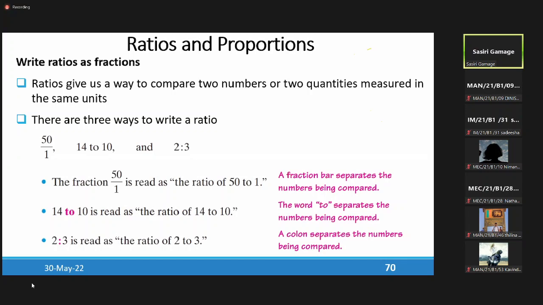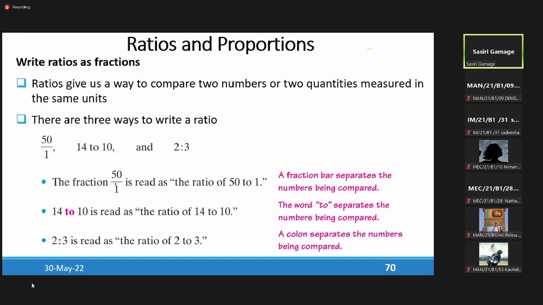Then here you can see 50/1 as a fraction. Then here 14 to 10 and this colon mark, 2 dots, 2:3, like that. Okay.